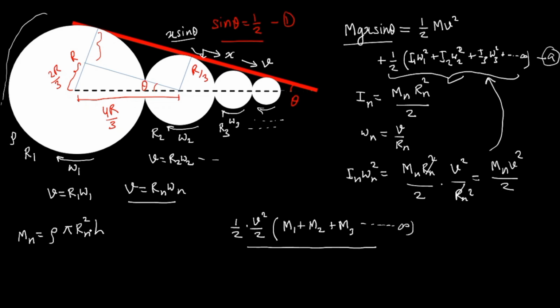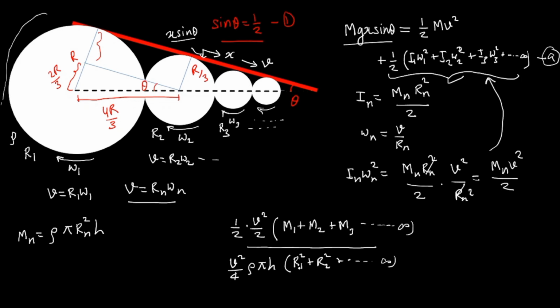Now if you put it over here and sum up all that, you get V square upon 4 times, taking pi rho H outside, inside it will be simply R1 square plus R2 square plus, and it goes up to infinity.